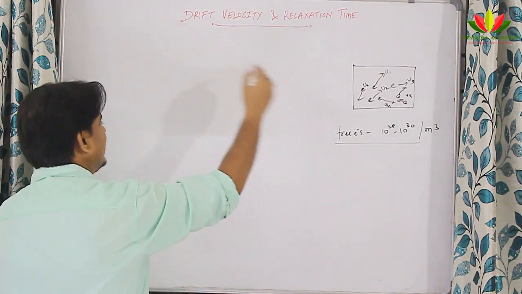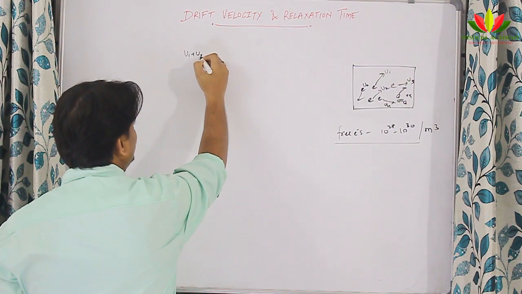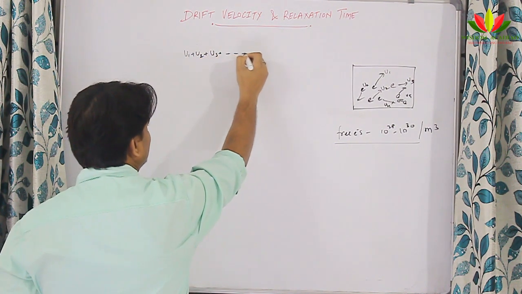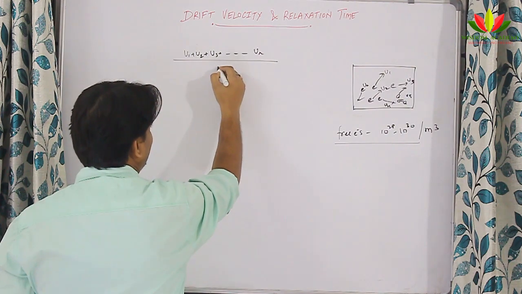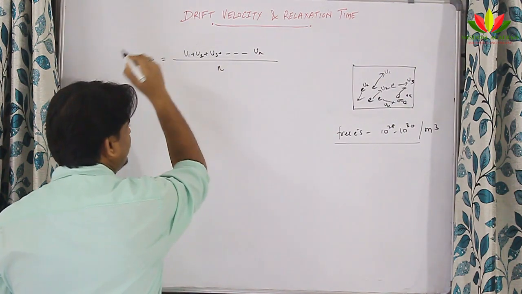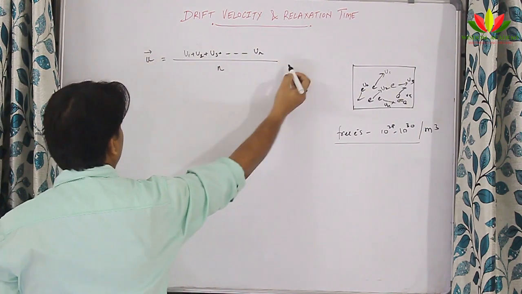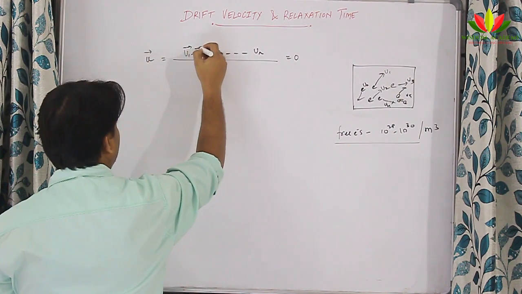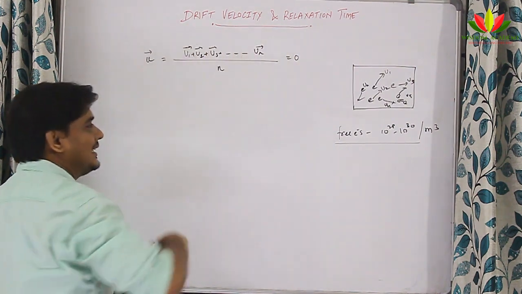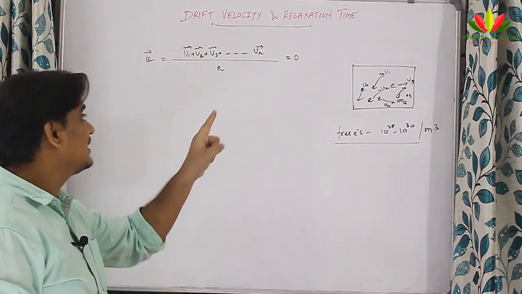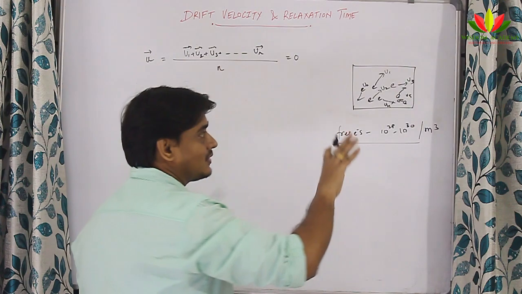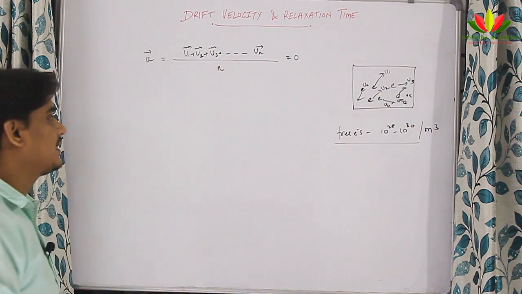I mean to say that u1 plus u2 plus u3 plus up to un, divided by n, gives the average initial velocity, and the average initial velocity will be equal to 0. Why did it become 0? Because I told you they are in random directions. But this is the case when no electric field is applied to the electrons.